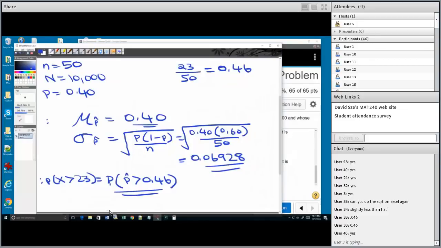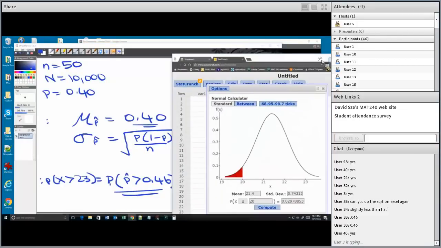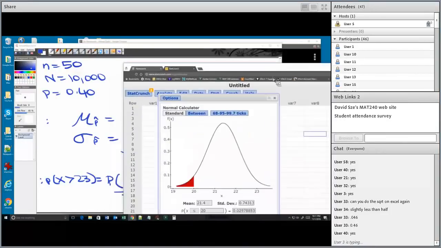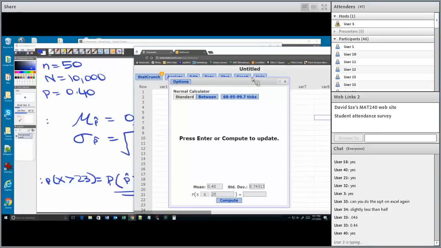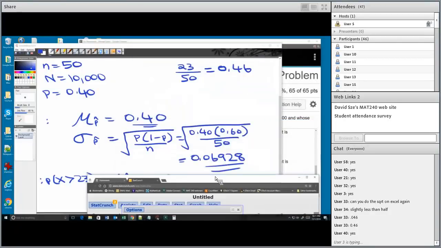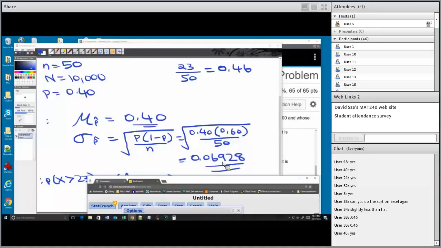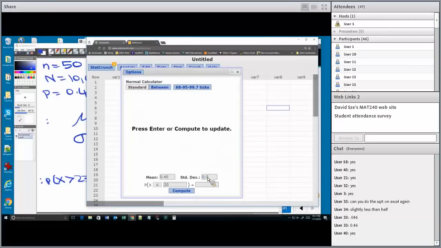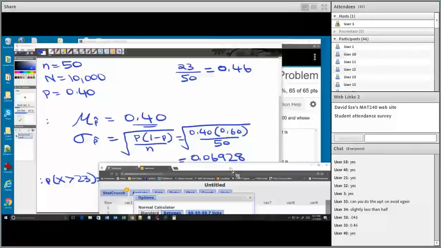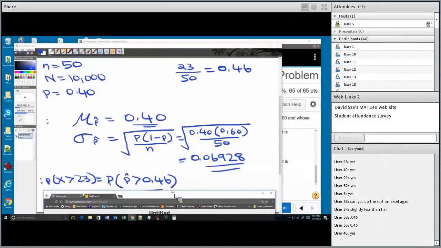Okay, so now let's find this in StatCrunch. I'm going to use StatCrunch. What is the mean? The mean is 0.40. So I'm going to change this to 0.40. What is the standard deviation that we found? 0.06928. And what is the value that we're looking for? 0.46 or more.